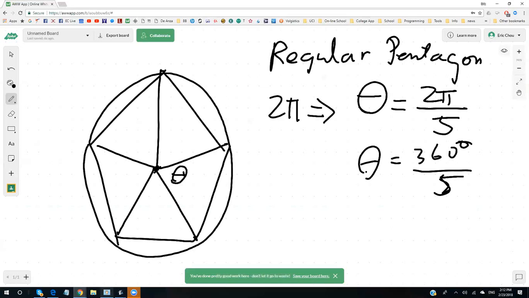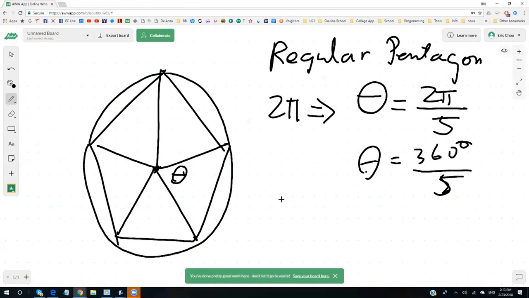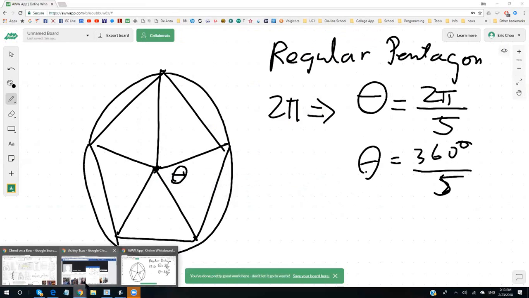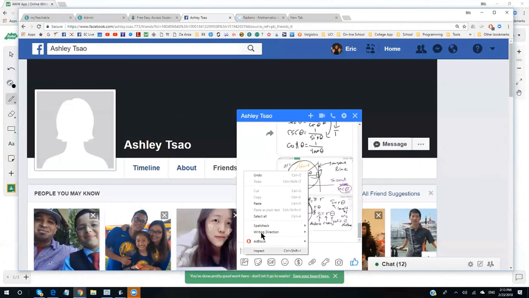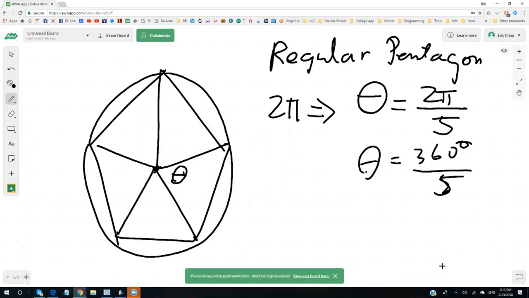Now, before we jump into something more difficult, tell me about this. What is the area for this sector?